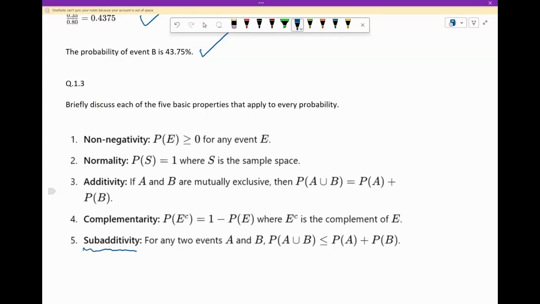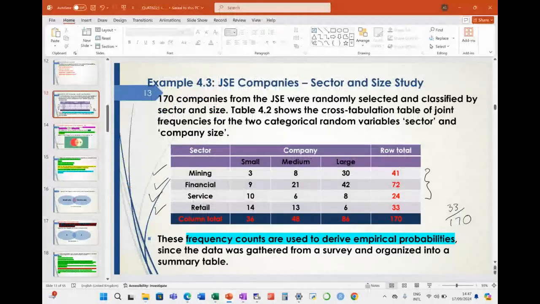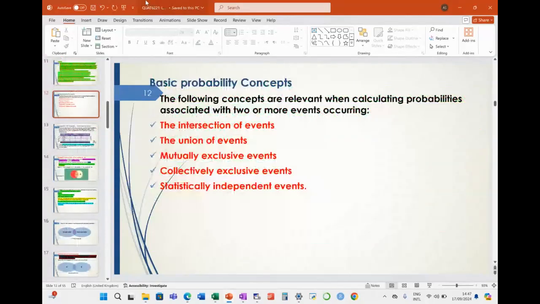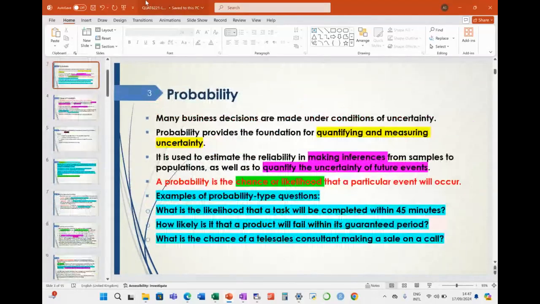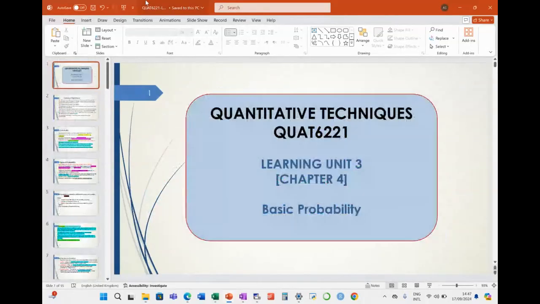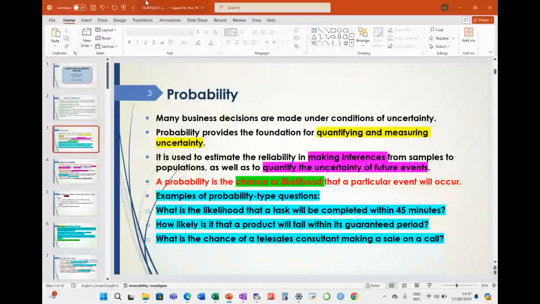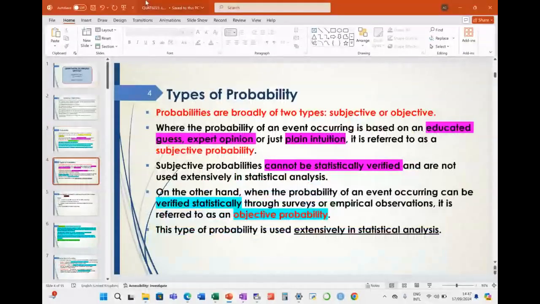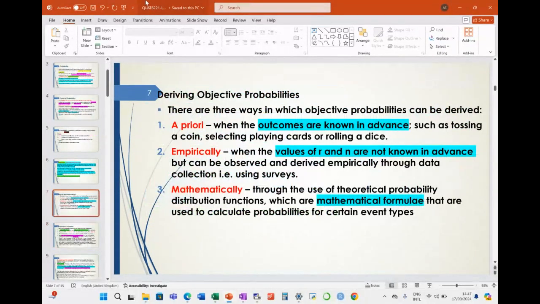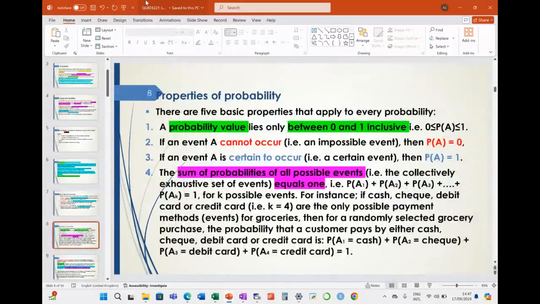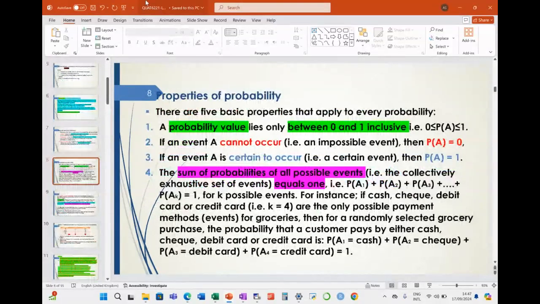Let's just see how they worded this also in our slides, because I know they looked at the principles here as well. Probability, chance to the event, types of probability. Properties of probability. This is what you're looking for. 1.